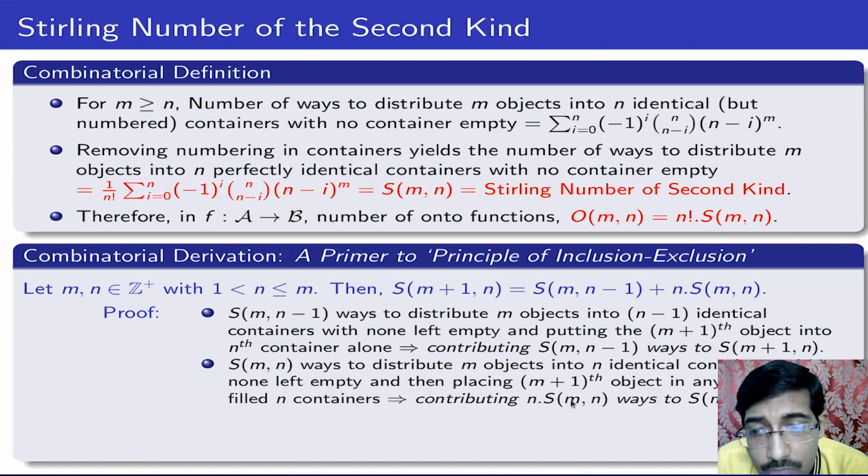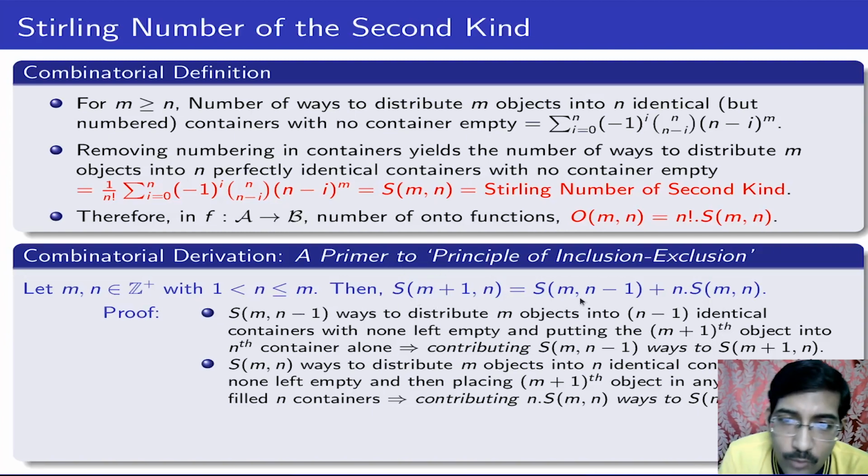So there are n times this many ways which contribute to this distribution. So we are done. Once we say that we leave aside m plus 1 and give it a new container, and once we say that we will not give it a new container, we put it in some existing container. So these are the inclusion and exclusion parts of it. So the total sum will be equal to distributing m plus 1 objects into n perfectly identical containers with no container being empty. So that's why this formula results.